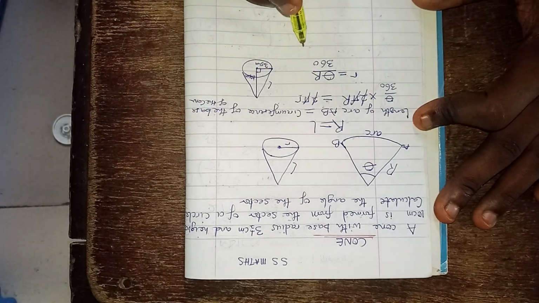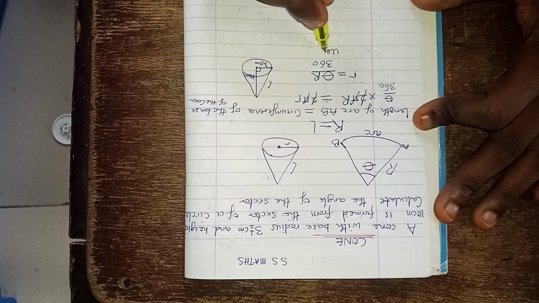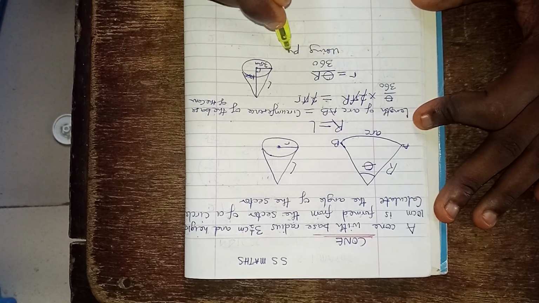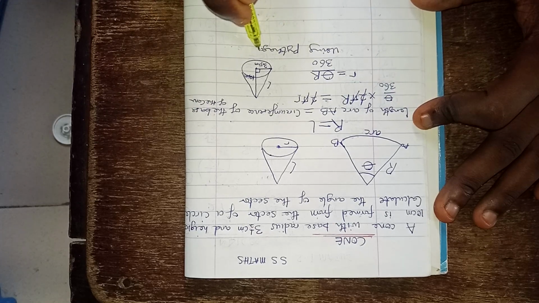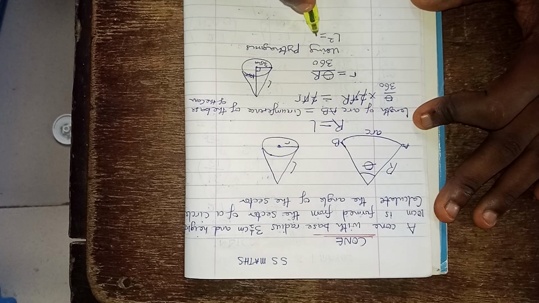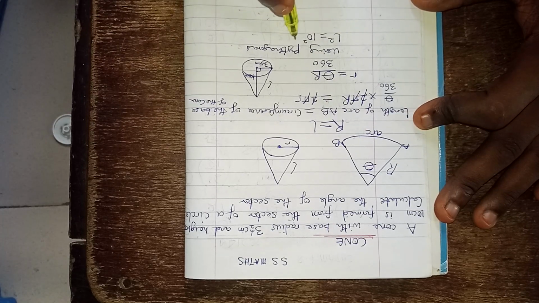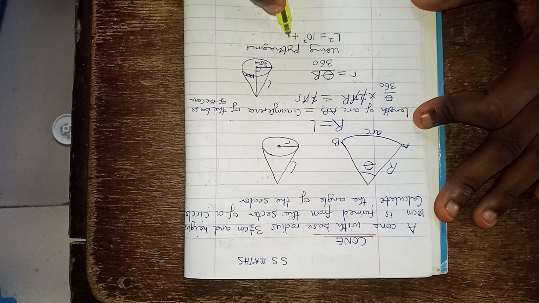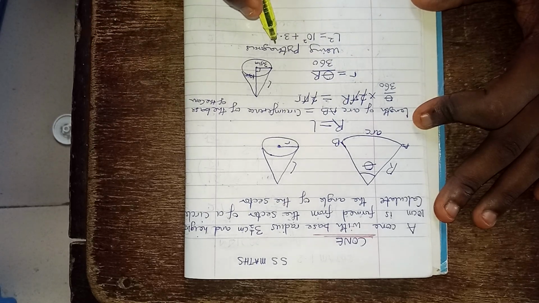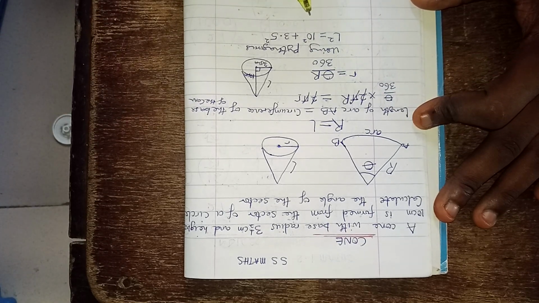So using Pythagoras theorem now, this is the hypotenuse. We have L square is equal to 10 square plus 3.5 square.